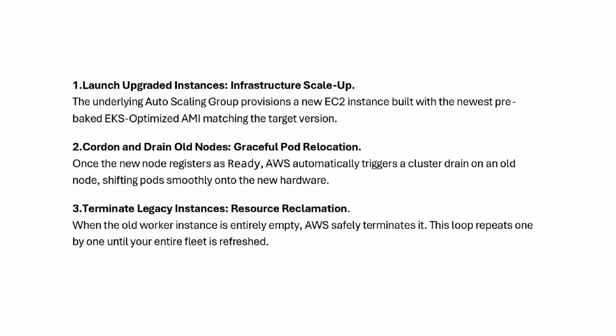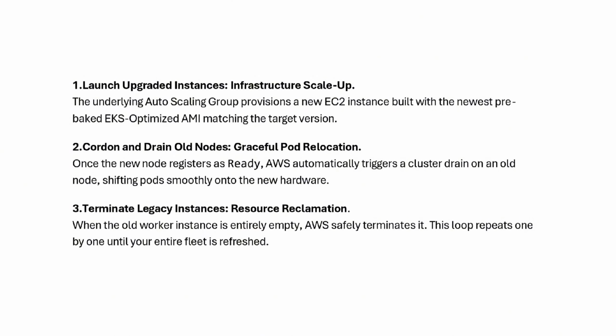Then launch upgraded instances, that is infrastructure scale up. The underlying AWS autoscaling group provisions a new EC2 instance built with the newest pre-baked EKS optimized AMI matching the target version. So after we successfully perform step 2, the AWS autoscaling group provisions a new EC2 instance with the newest pre-baked EKS optimized AMI matching the target version which we have specified.